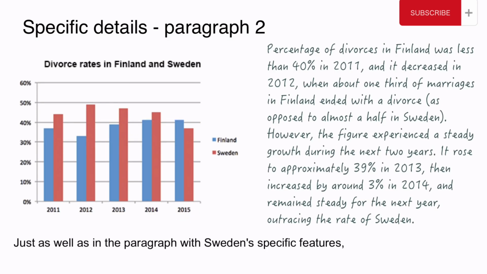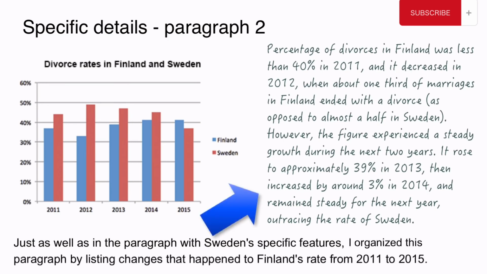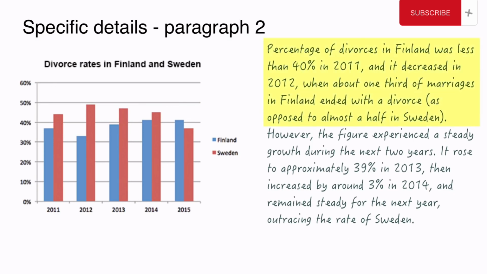Just as well as in the paragraph with Sweden's specific features, I organized this paragraph by listing changes that happened to Finland's rate from 2011 to 2015. So, in the first sentence, I described Finland's rate in 2011 and 2012, when it was decreasing.